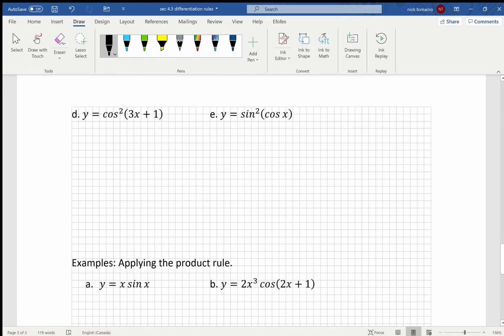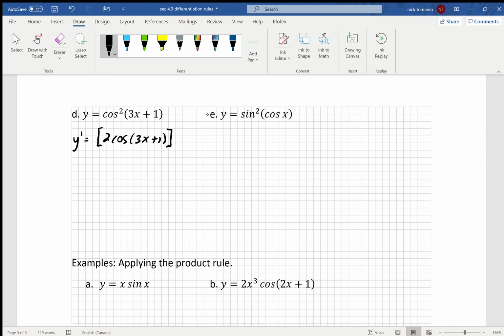So here's another one here. I should have spread that out more, but that's okay. So the derivative is step 1, take care of the power. So it's going to be, I'll put them in square brackets here. So we're going to have 2 cos 3x plus 1. Step 1.